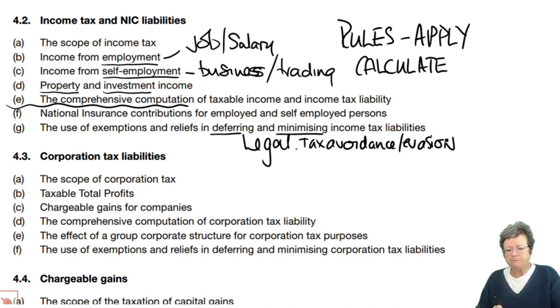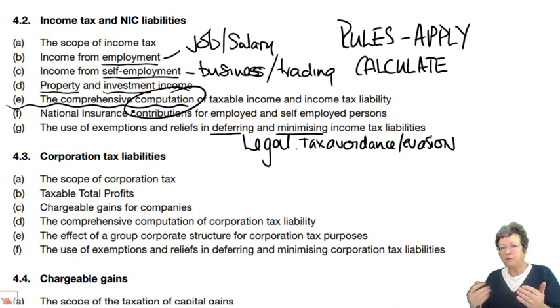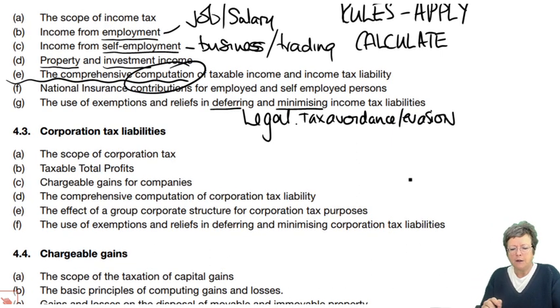Okay. Now, that process of bringing all the information together in a computation, working out the tax and then working out what we can do to defer or minimize, is very much the same for companies. You'll notice, okay, so the scope, who's affected, how are they affected, total profits, that's all the various types of income that a company might have.